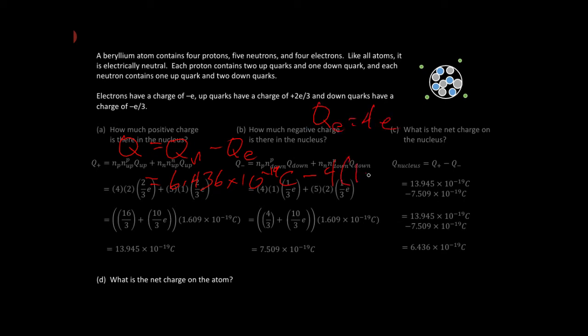It's 4 times 1.609 times 10 to the minus 19 coulombs. And let's see, what is that? If we take 4 times 9, that's 36. And 4 times 6 is 24, so there's a 4. So these would all match. Add 4 to this, plus 2, that's 6. So actually that's 0. So it's electrically neutral, right? Which is good because that's what we want our atoms to be, electrically neutral.